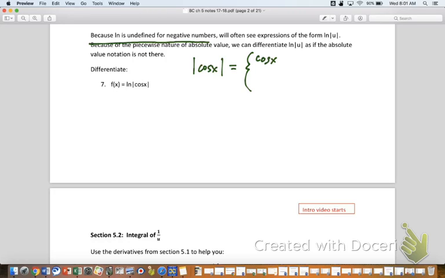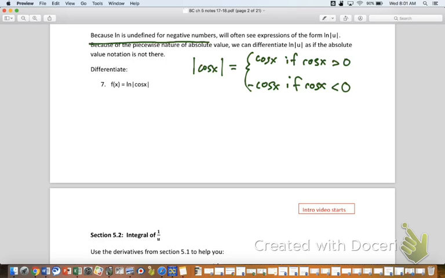Either above x-axis. Yeah, so I'll say if cosine of x is positive, right? So you can just successfully drop the absolute values as long as the input's positive. But if cosine of x, which it does sometimes, goes negative, what's the absolute value of that then? The negative of it, right? The opposite of it. So negative cosine of x.